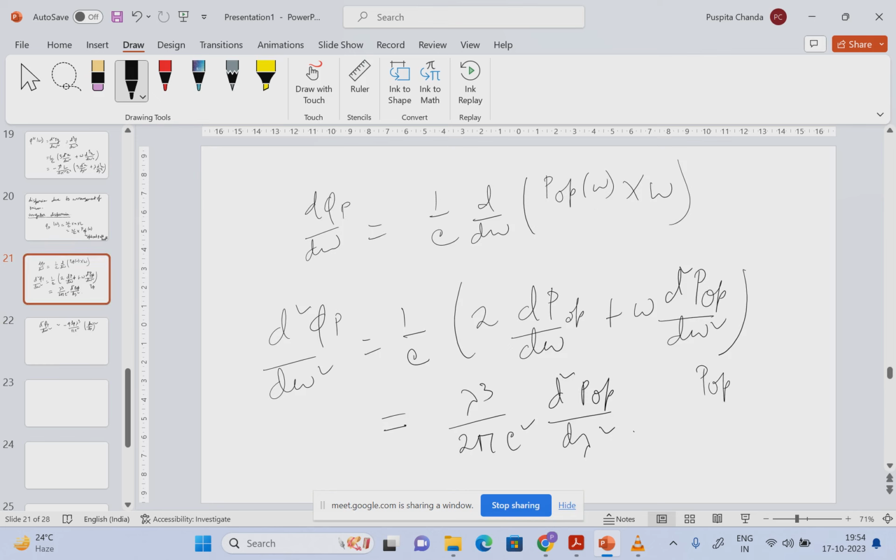Optical path can be written as L into cos alpha. Alpha is the angle of the prism.